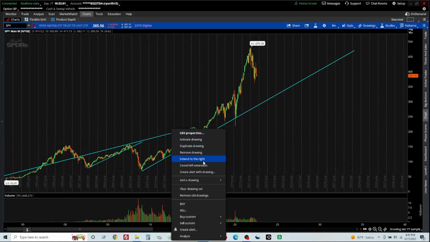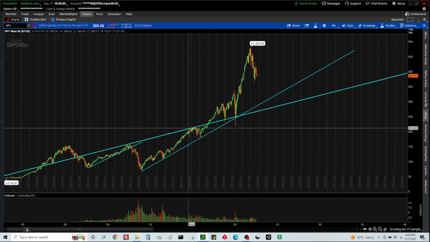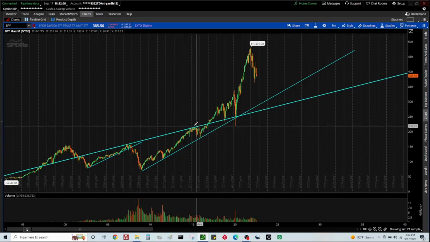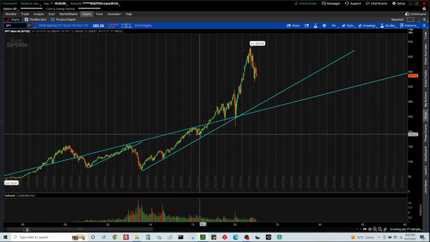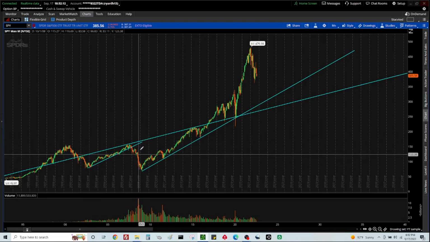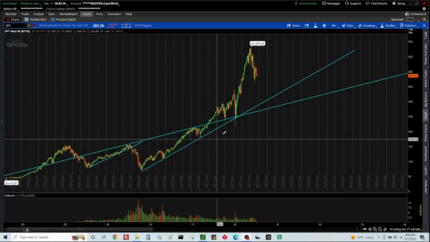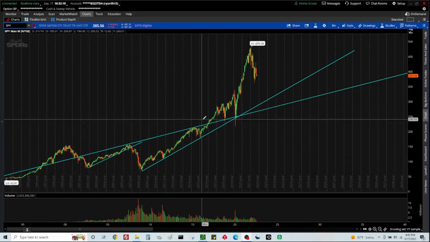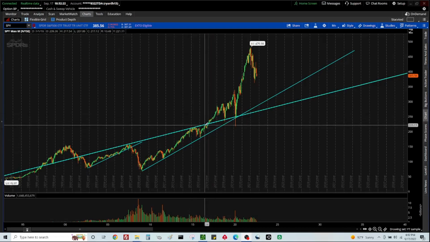But going back to this one that we have, we can see here it acted as resistance right here, and it failed, so it bounced back down here, acted as support. And now this whole area of this ascending wedge is a magnified version of this ascending wedge, and it finally broke through right here.